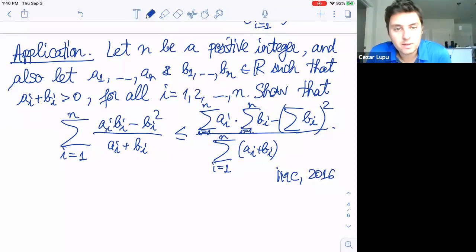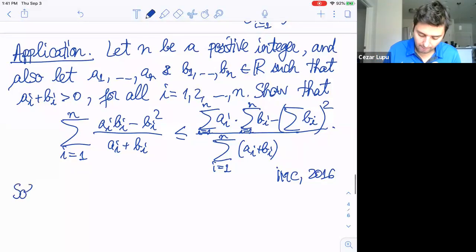Well, if you look at it, I put it as an application. It doesn't look like an application at first when you look at it, right? But let's look at it closely. Maybe we can do something.